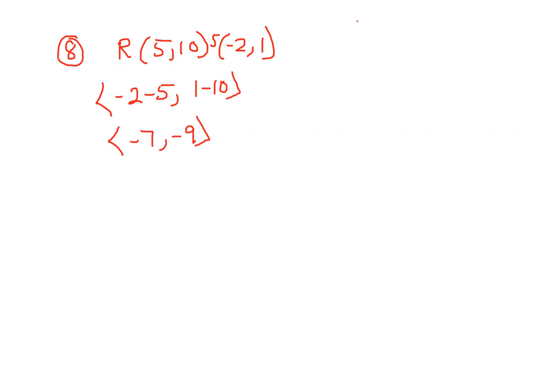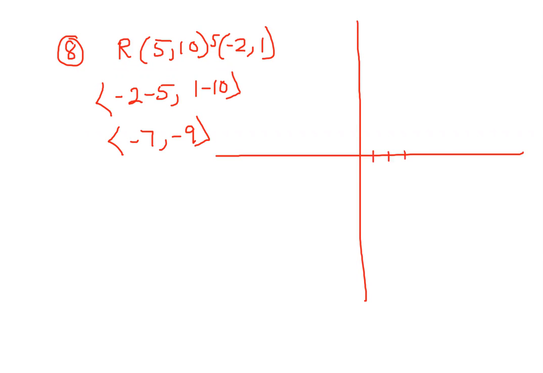So again, let's see what this looks like. Okay, so R is 1, 2, 3, 4, 5, 10. Here's R. S is -2, 1. So here's our vector.